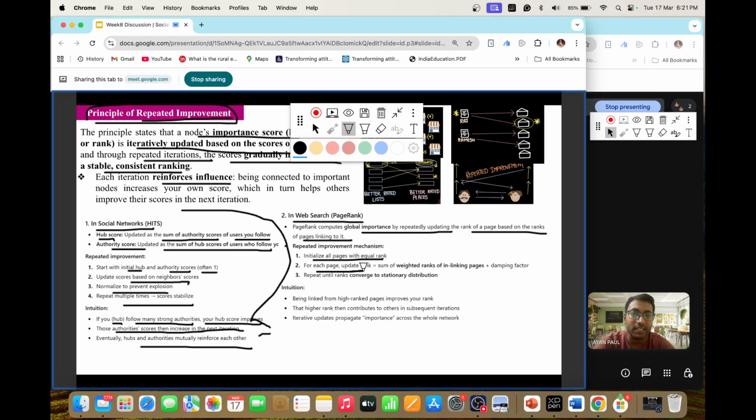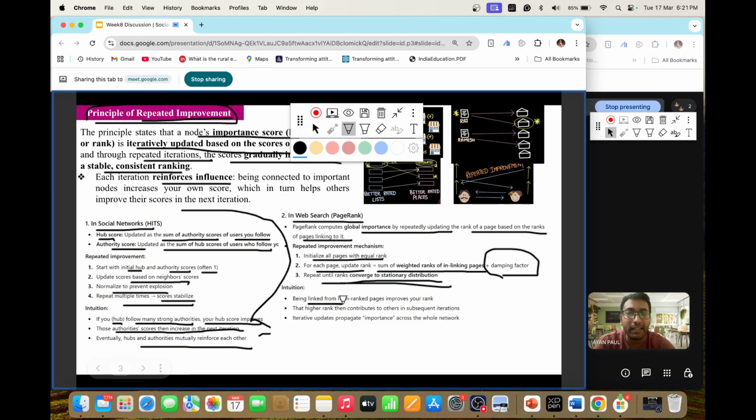For each page we update the rank: sum of weighted rank of in-linking pages plus the damping factor. Repeated until it converges to a stationary distribution. Same thing here: after multiple iterations the scores of hubs and authorities stabilize. Here also your PageRank converges to a stationary distribution.